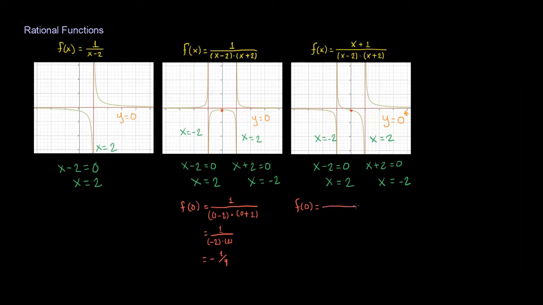It would be 0 minus 2 times 0 plus 2, and on the denominator we have 0 plus 1. I'm pretty sure you will notice we get the same result. That's on purpose. Just by solving this out, we get -1/4.